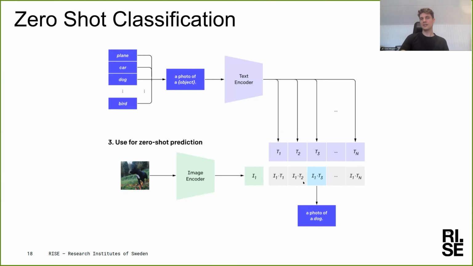I have a question there. Yeah, sure. Is it literally the highest score we're looking for? How is the comparison made? And what if none of the images in this batch fits a photo of a dog, for example? So it's literally the dot product.